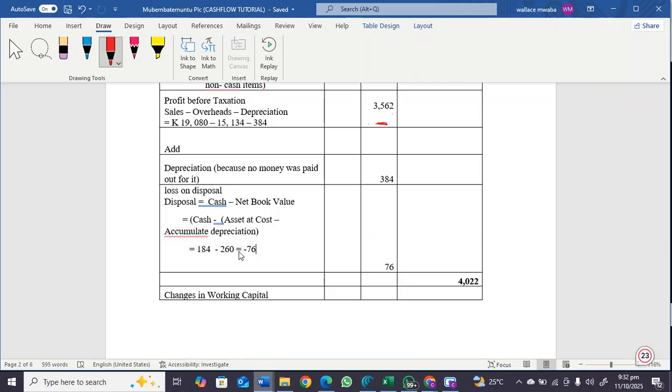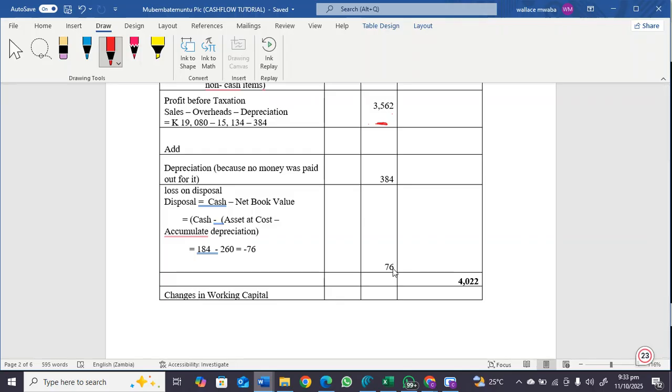Now, if you have a loss on disposal, it's usually deducted in the income statement. So since this is a non-cash expense and it is deducted in the income statement, you need to add it back here. That's why I've put it as positive here. Because it reduced our profit, but it's a non-cash expense.